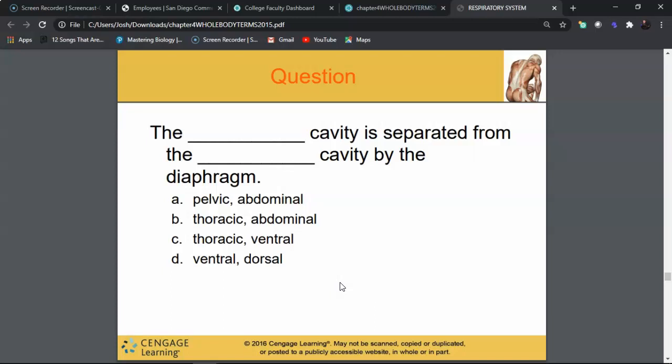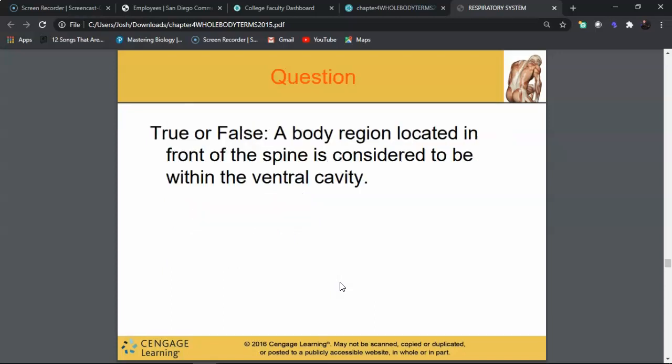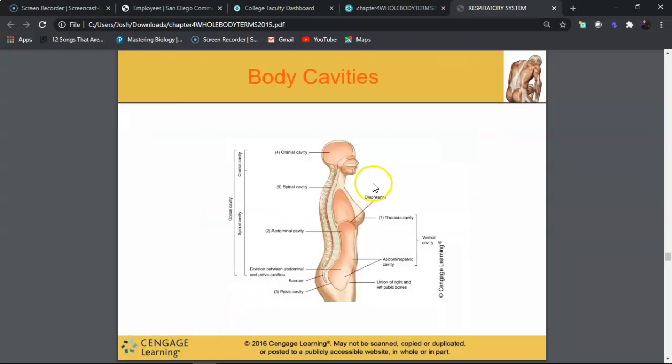So these questions are always a little bit funny when you have multiple blanks in a sentence. So it says the blank cavity is separated from the blank cavity by the diaphragm. So a better way to rephrase this would be, the diaphragm separates which two cavities. So we just looked at that little picture back over here, and we saw that the diaphragm is right here.